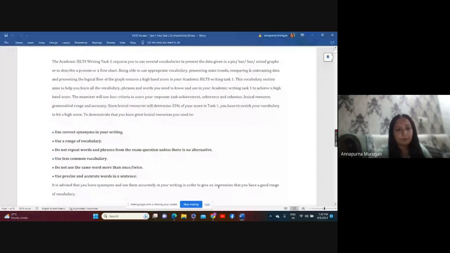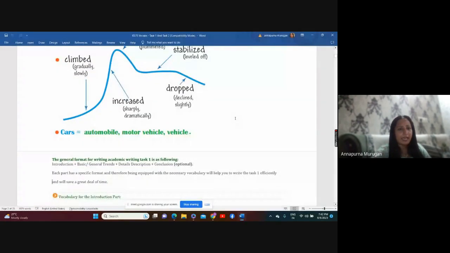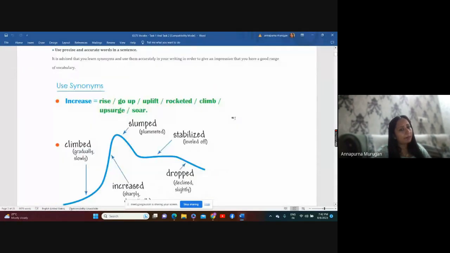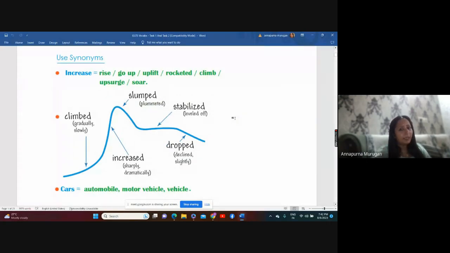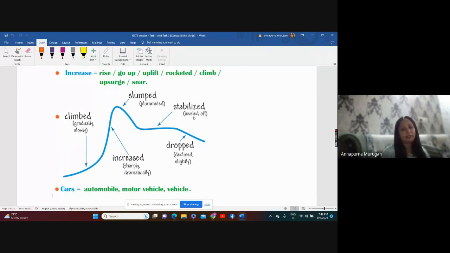Here we go. Here we have some extracted information. Usually we come across images like this. If it is a line graph, you can see these kinds of movements happening.